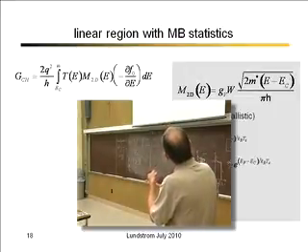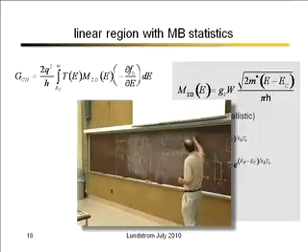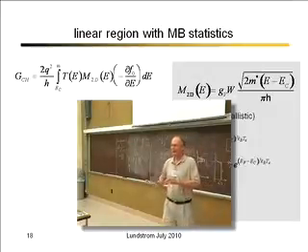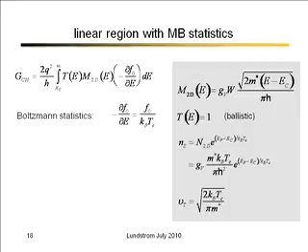Okay, so here's our expression, a slightly different version of what Professor Dada was talking about, but it's the same thing. We know everything in that. We know the number of conducting channels and how it varies with energy. We know that the transmission is 1 because we're considering a ballistic MOSFET.